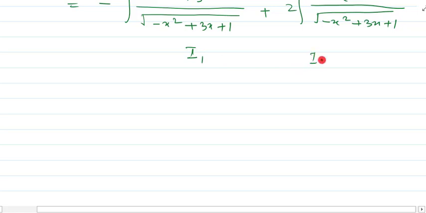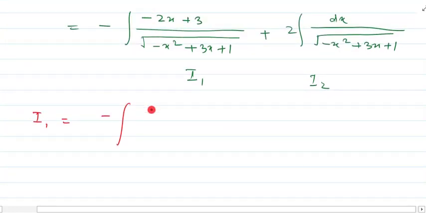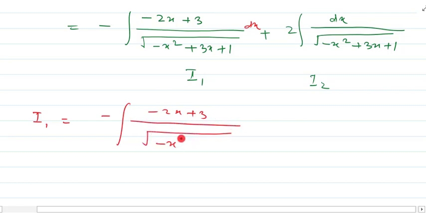So let us start with I1. You know very well what to do. In I1 we will substitute, but first of all let me write I1. It is minus 2x plus 3. We should write dx over here as well. Minus 2x plus 3 upon square root of minus x square plus 3x plus 1.